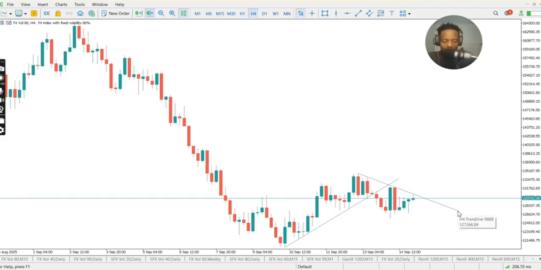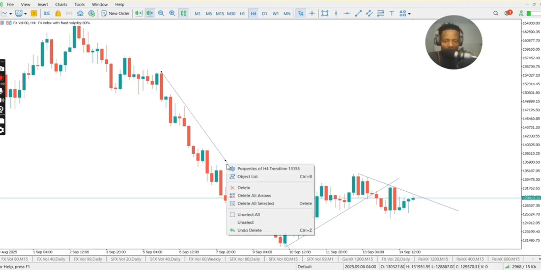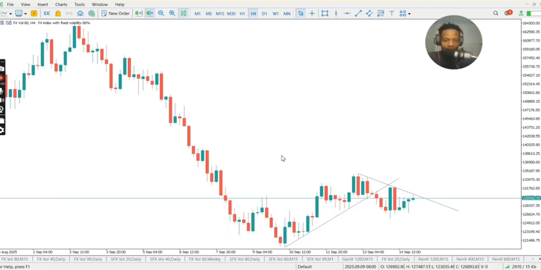So what is the market telling us about these trend lines? There's this other trend line that we can draw at around here, but you don't need to mind about it because I think this trade is good, right? So let's work with these 2 trend lines.